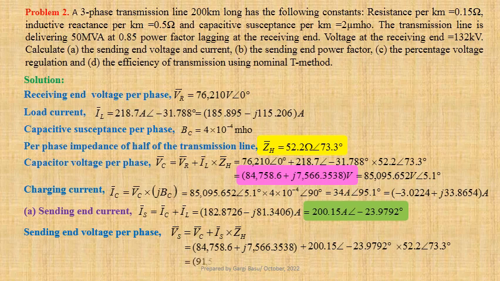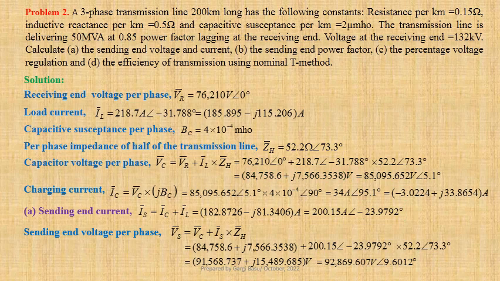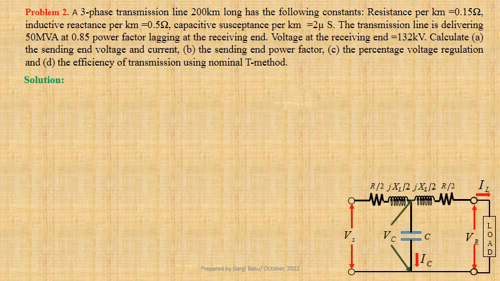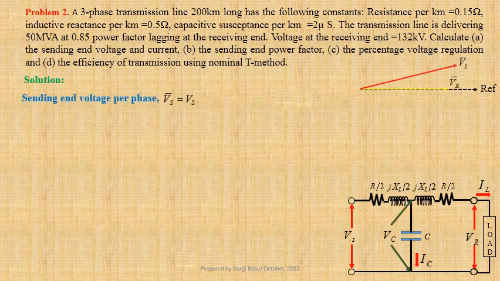That gives us 91,568.737 plus j times 15,489.685 volt. This may be written in polar form as 92,869.607 volt at an angle 9.6012 degree.